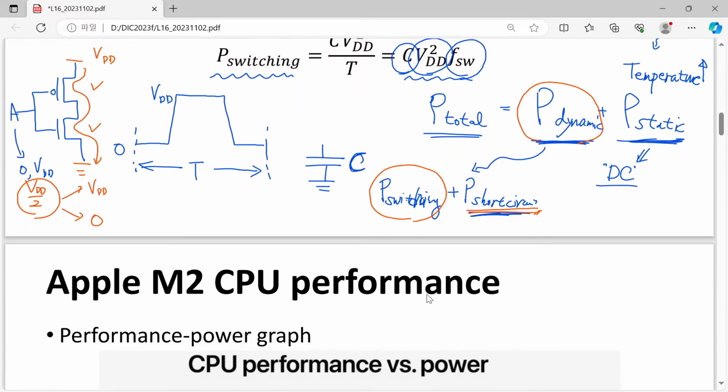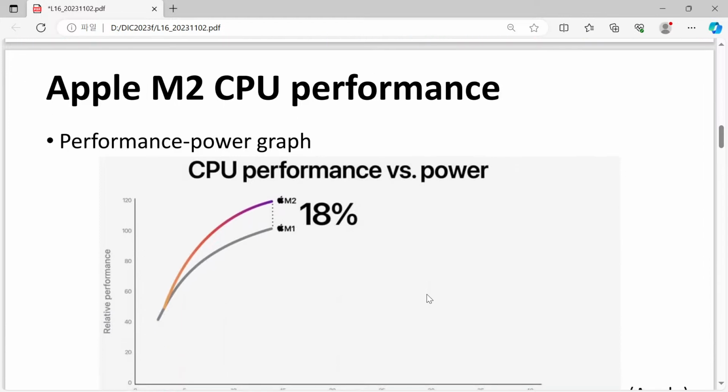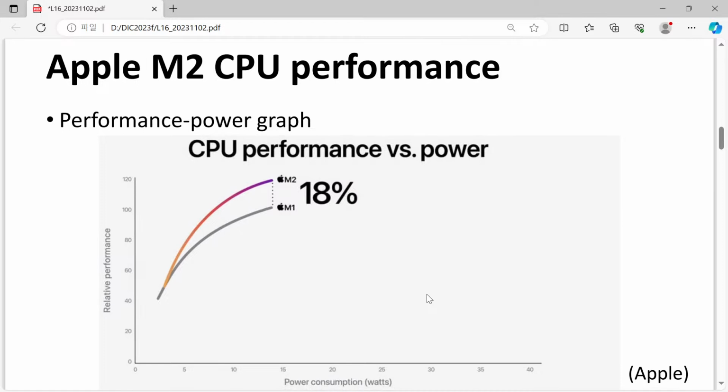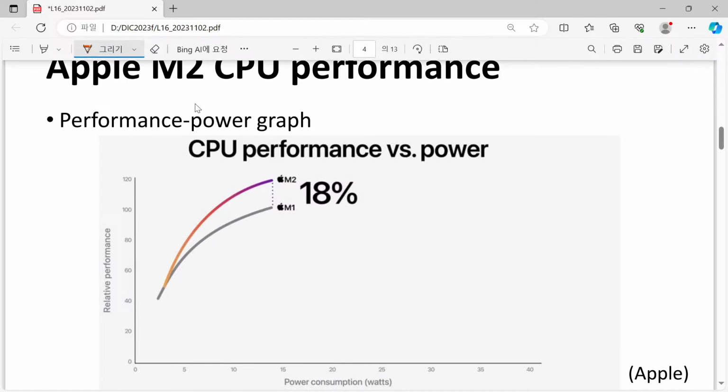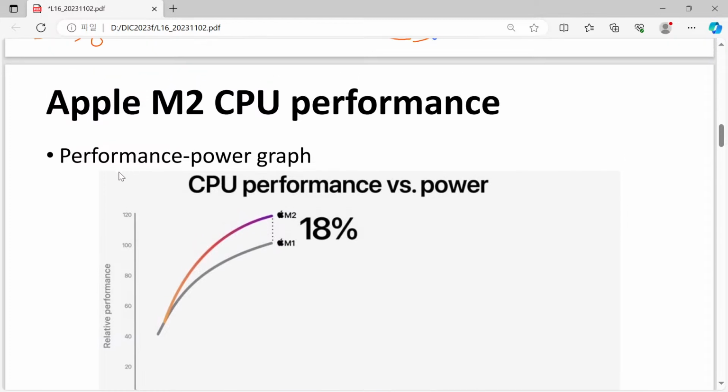Before starting our today's lecture, we wanted to talk about certain real world problem or real world data. So maybe 2 days ago, there was an announcement about Apple's new chip called M3. However, this is the previous generation, not very much updated, but I will use this one because it has a much beautiful graphs.